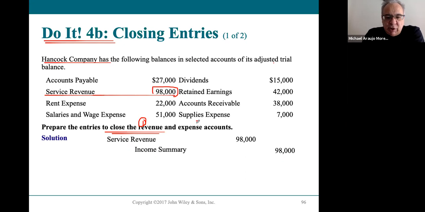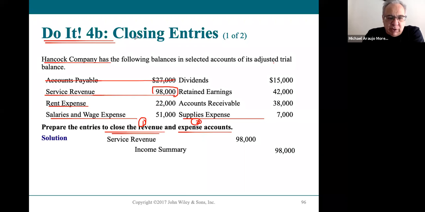The second thing we do is close the expense accounts. What are your expense accounts? You have rent expense, salaries and wages expense, and supplies expense. Those 3 accounts are expense accounts, right? Just because there's a whole bunch of accounts listed here doesn't mean you need them all. For example, this accounts payable account is a liability account.